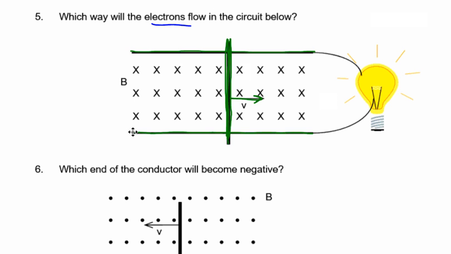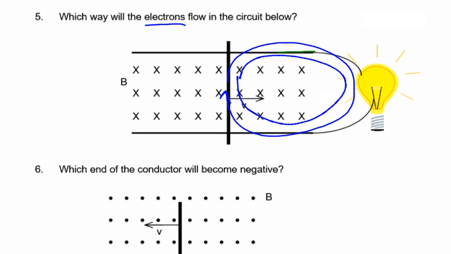So depending on my hand rule, it's either going to cause electrons to go around this way, or it's going to cause electrons to go around that way. So we've got to figure out which one it is.